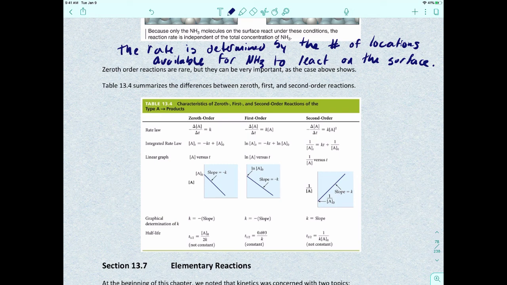Based on everything we talked about so far in this chapter, you should be able to write a rate law. You should be able to figure out if it's a first, second, or zeroth order reaction graphically, and then also be able to analyze a chemical reaction or a chemical situation using the integrated rate law.